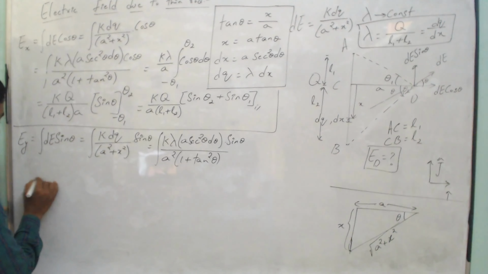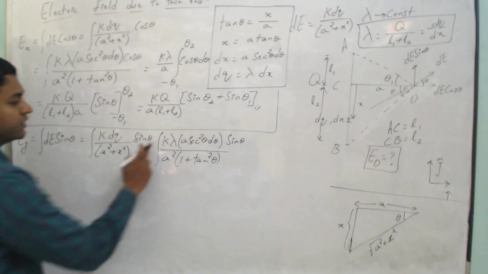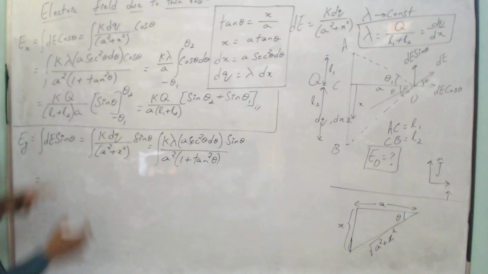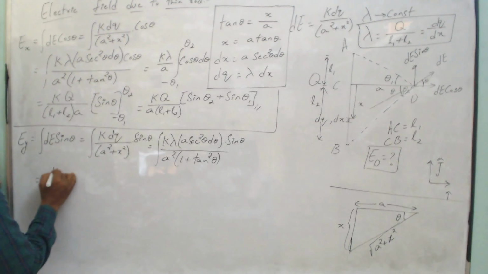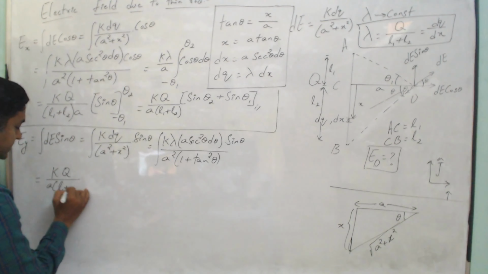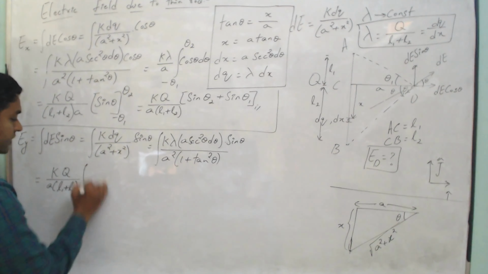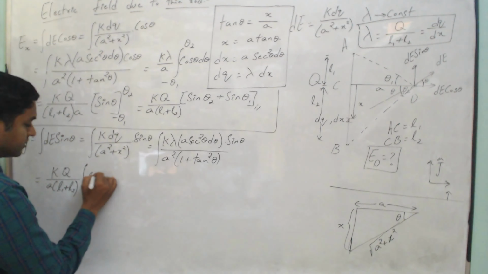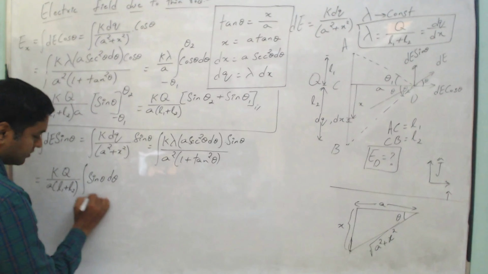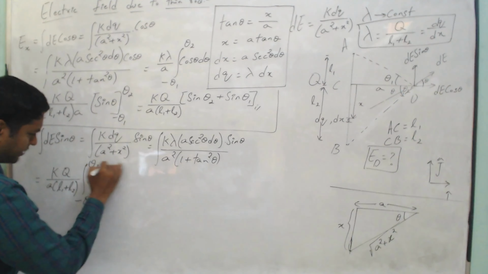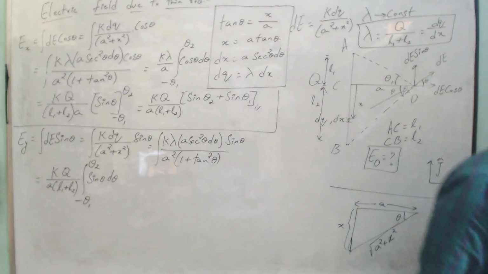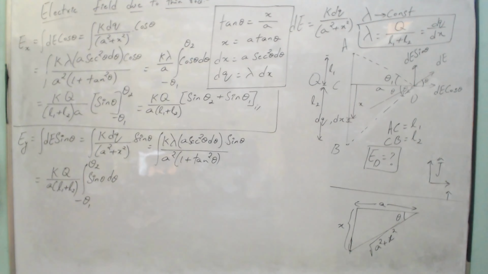So simply this will become k lambda by a, correct? Which is same as this. So kQ by a into L1 plus L2, and it is here integral of sine theta d theta. Limits will be the same, minus theta 1 to theta 2. Is this clear? Understood.